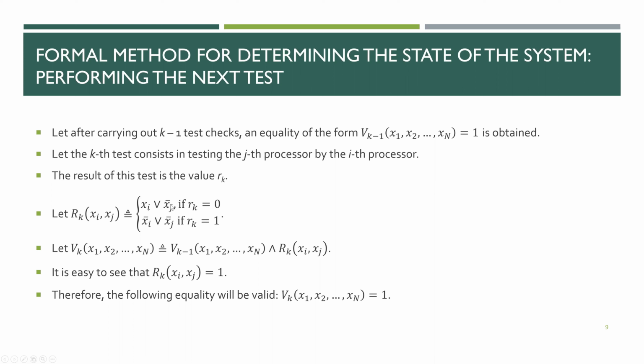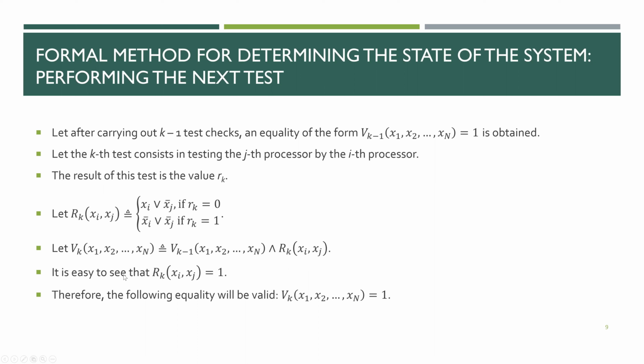So it can be either this form or this form. As you can see, this expression is built according to equalities presented on the previous page. And let's build an expression Vk as it is shown. It depends on the previous expression and the current expression that corresponds to the current test.